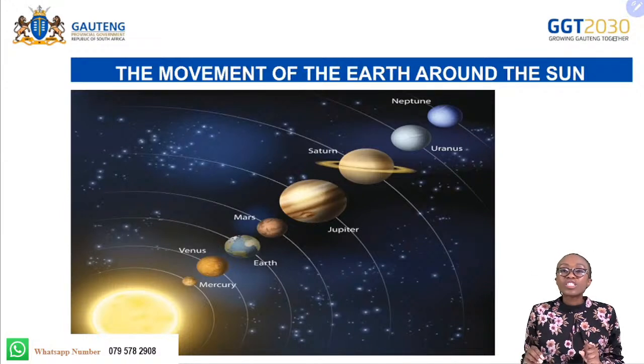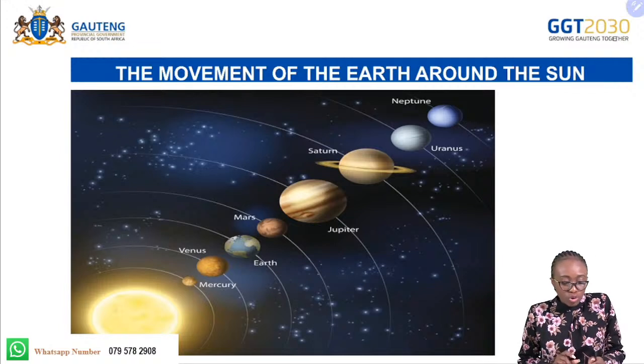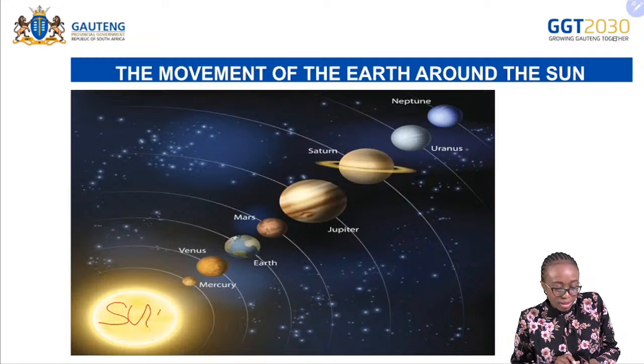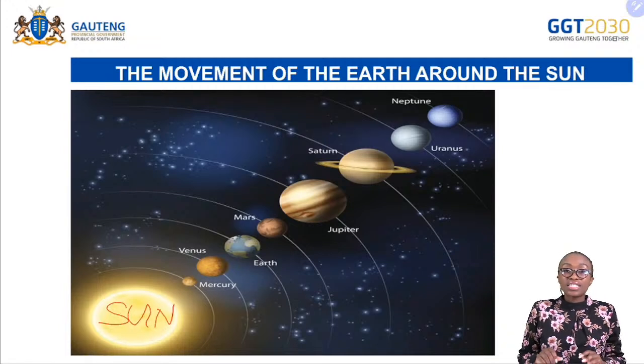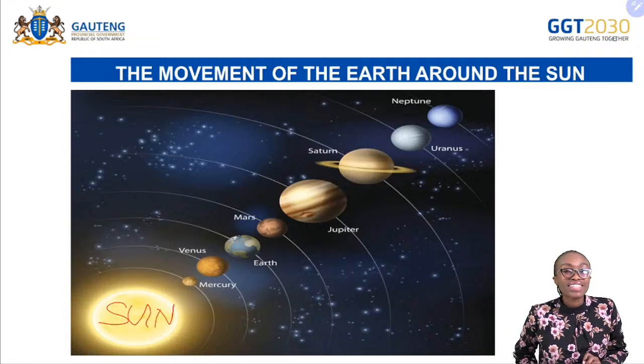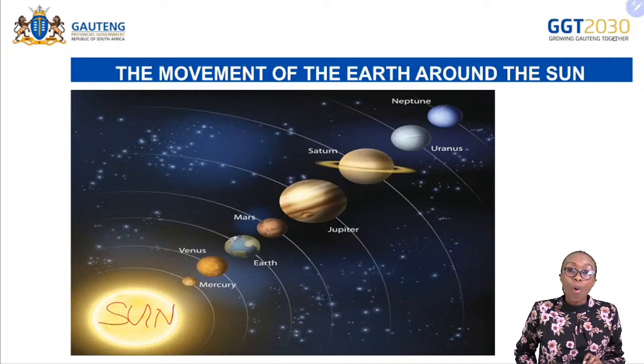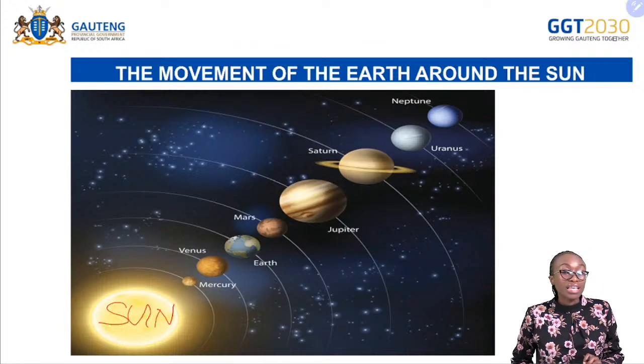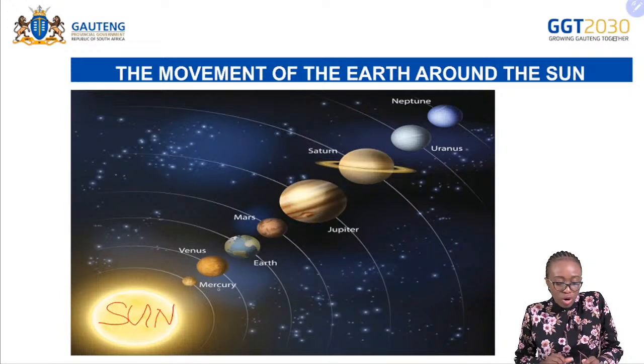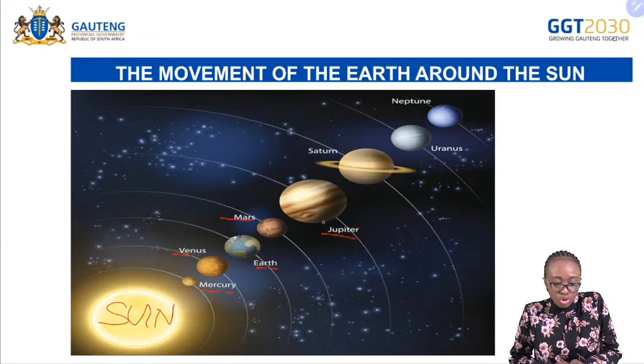Now I've just pulled up an illustration of these 8 planets that orbit the sun. So this is the sun. And let's look at the 8 planets that orbit the sun. We've got Mercury, Venus, Earth, Mars, Jupiter, Saturn, Uranus, and Neptune.